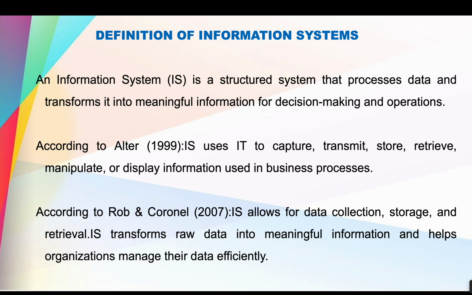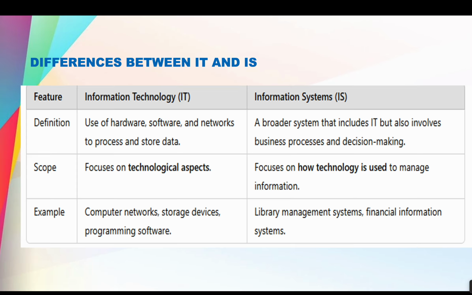So IT itself is the ability of the devices, hardware or software, in doing their tasks, but the information systems utilize this IT hardware and software to achieve the goals. Okay, and according to Rob and Coronel, IS allow for data collection, storage, and retrieval. IS transform raw data into meaningful information and help organizations manage their data efficiently.